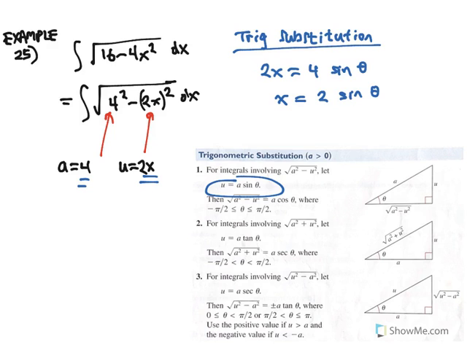And then we can find dx, the differential of x, by taking the derivative of 2 times sine theta, which will be 2 times cosine theta, and multiply by the differential of theta. Using our trig substitution, we would now like to change variables from x to theta.